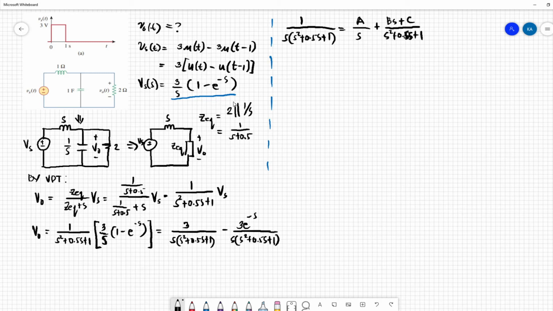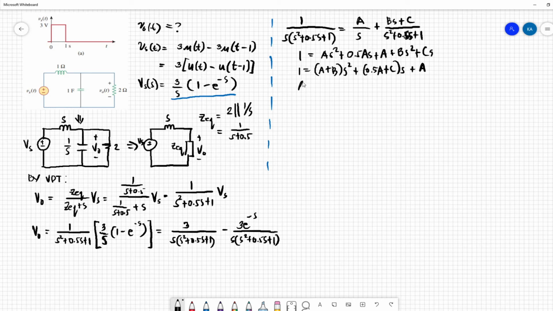Now solving for the values of A, B, and C, 1 equals A times s squared plus 0.5As plus A plus Bs squared plus Cs. Combining like terms, we have A plus B times s squared plus 0.5A plus C times s plus A is equal to 1. So we can generate three equations from this.